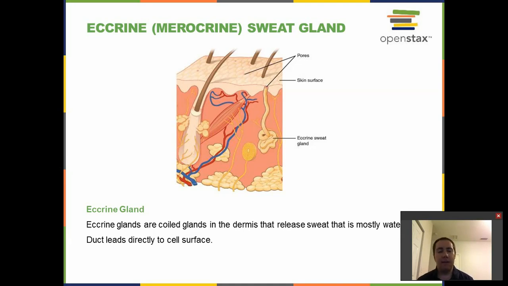I want you to look at this diagram and notice that the eccrine sweat glands come up and touch the outside world. They have their own little pore. They have pores on our skin that the sweat comes out of, and that is the only function of those pores. That's going to be different than the apocrine sweat glands. So the eccrine or merocrine sweat glands make just normal sweat, and they have their own pores.